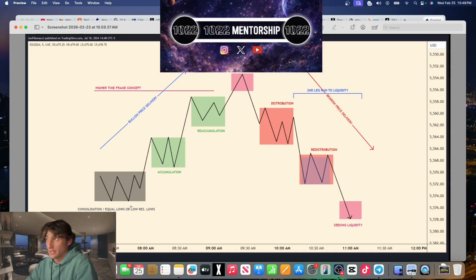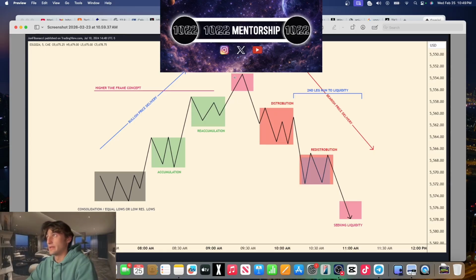So after our consolidation, we have our first stage of accumulation. Accumulation is higher highs being made in the buy model, and the second stage coming right after that is the reaccumulation. So maybe we get a good expansion up, and then we start reaccumulating again. We have a higher time frame concept behind this because we are seeking liquidity.